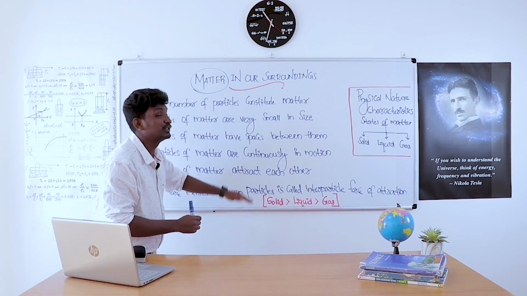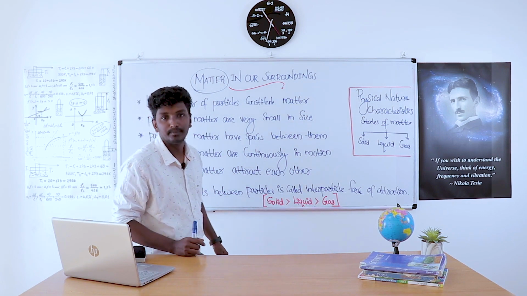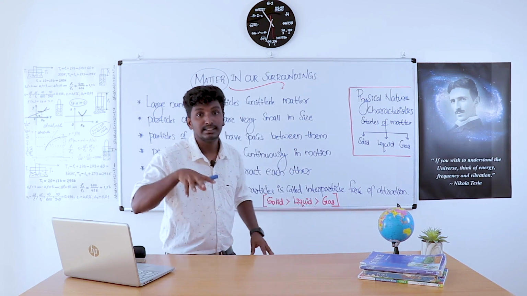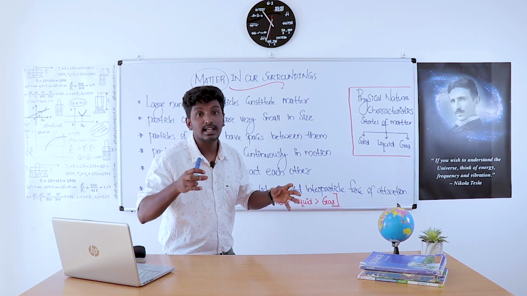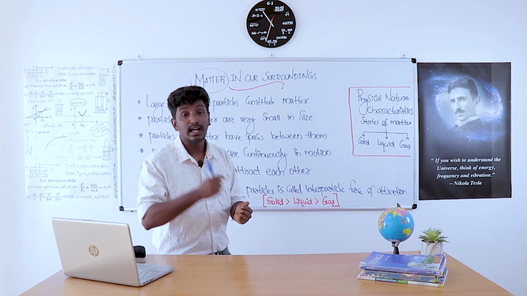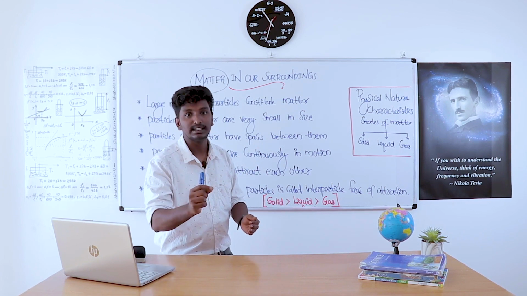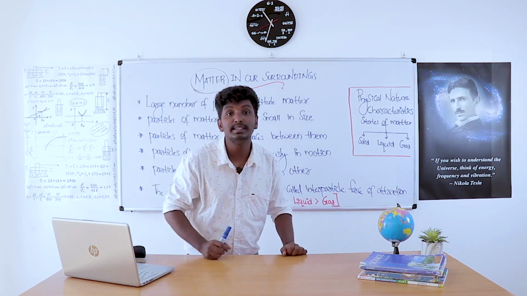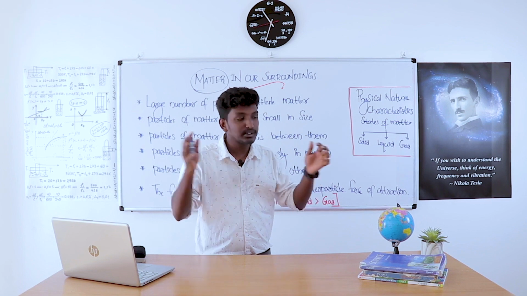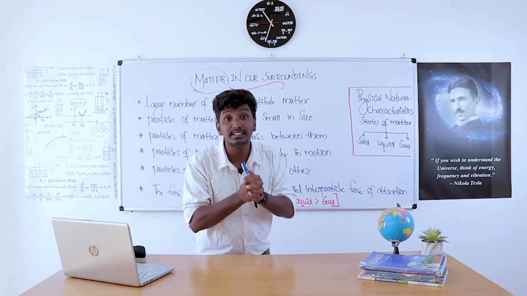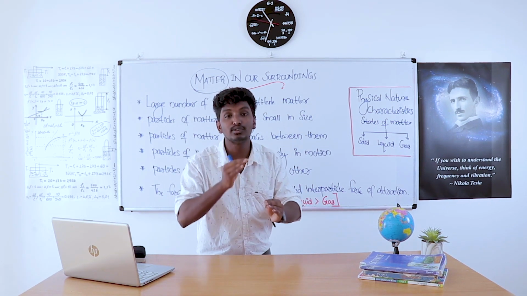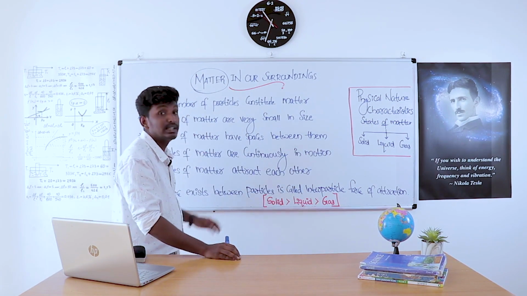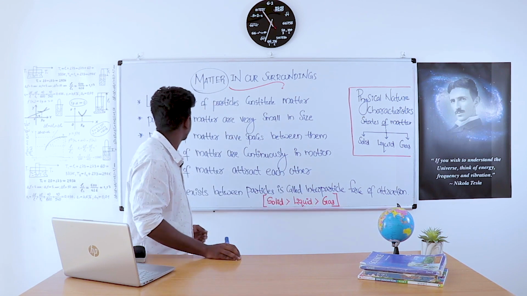Particles of matter have spaces between them. When we consider a matter, it has a large number of particles, and these particles are small in size. Also, these particles have spaces between them. They are not densely stuck together, but they have spaces between them.